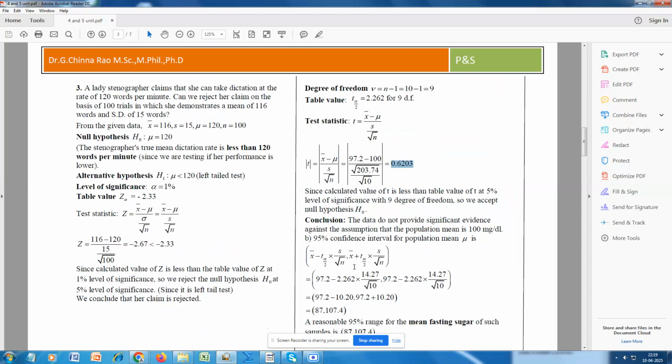So here confidence interval for population mean mu is x bar minus t alpha by 2 into s by root n, comma x bar plus t alpha by 2 into s by root n. This s by root n is called the standard error. Okay. X bar is 97.2 minus table value for 9 degrees of freedom 2.262 into s.